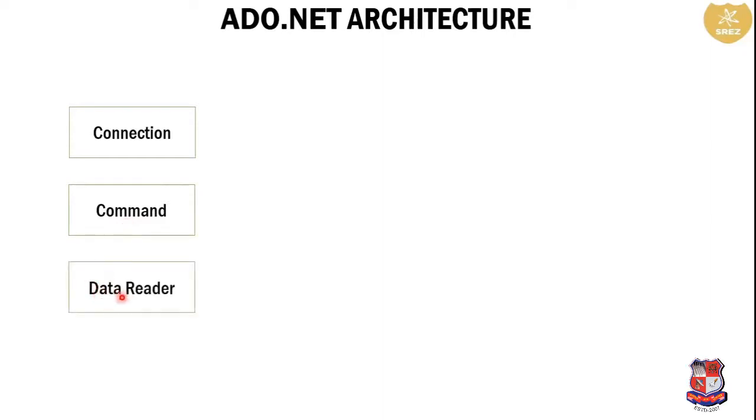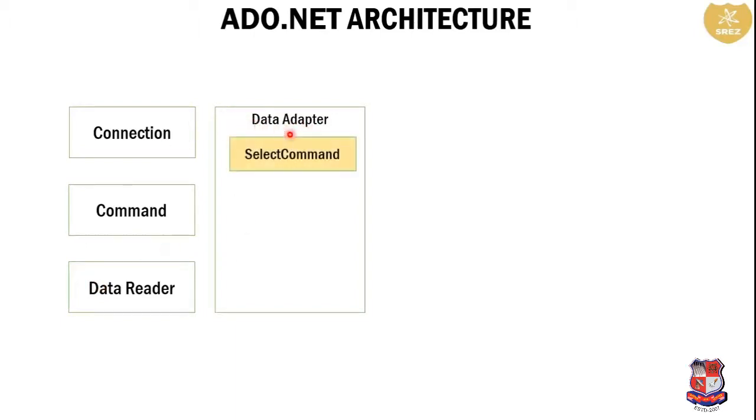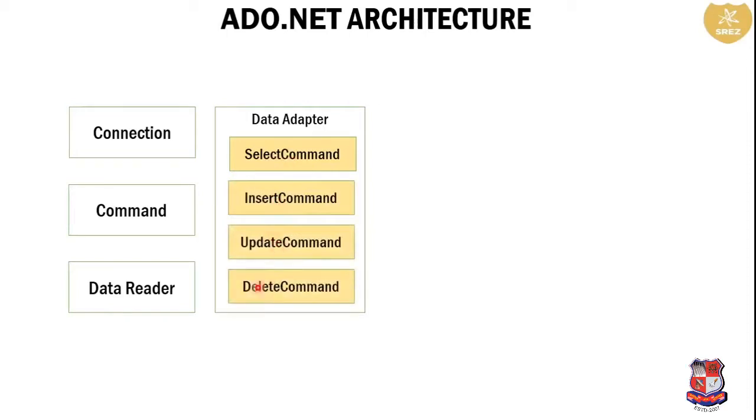The next component is the data reader object. As the name suggests, it is used to read the data that is fetched from the data source. And the most important part of this is the data adapter. It is used to fire the select, insert, update, and delete queries.